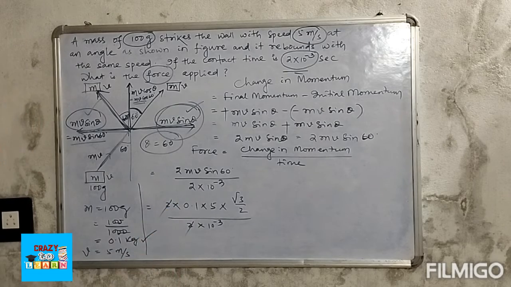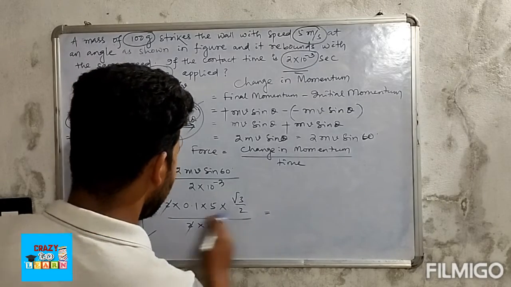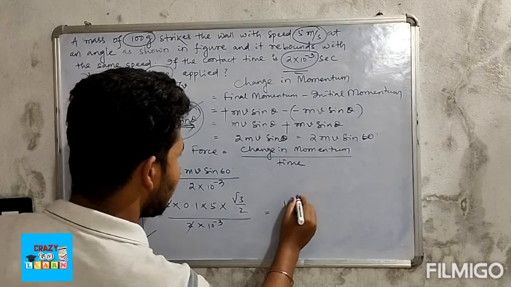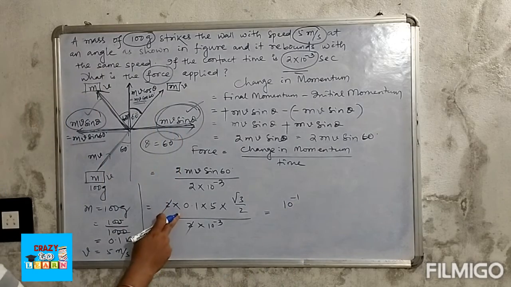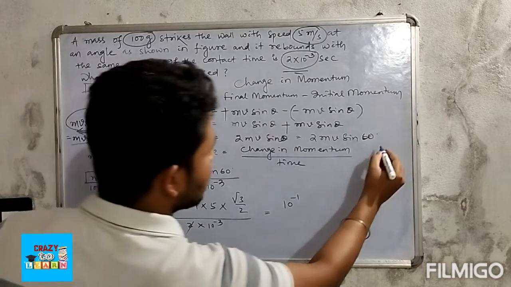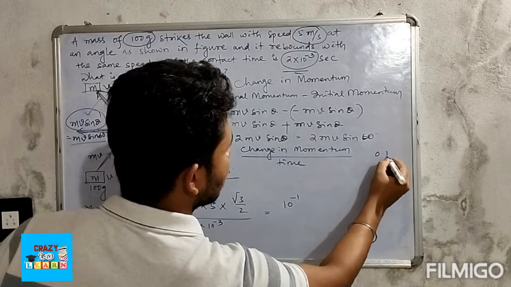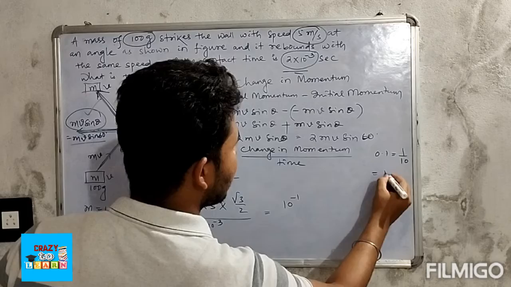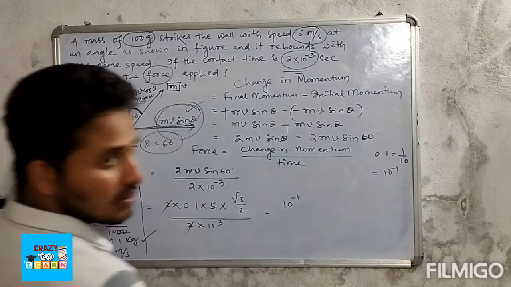The 2 cancels. 10 to the power minus 3, if you take it upside, we get 10 to the power plus 3. 0.1 means 1 divided by 10, which we can write as 10 to the power minus 1. Yes or no?